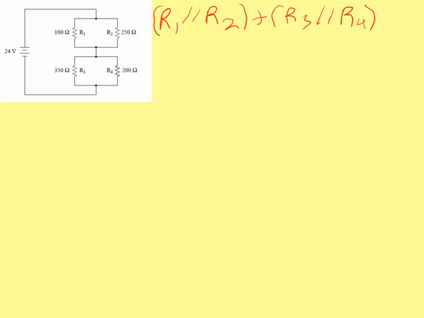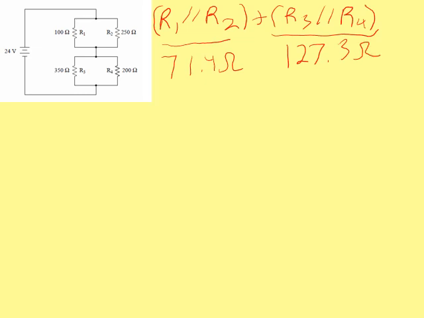I'll do product over sum for that. This whole thing comes out to equal 71.4 ohms, and this whole part, product over sum, comes out to 127.3 ohms, and I'm rounding here a little bit, but that's fine.